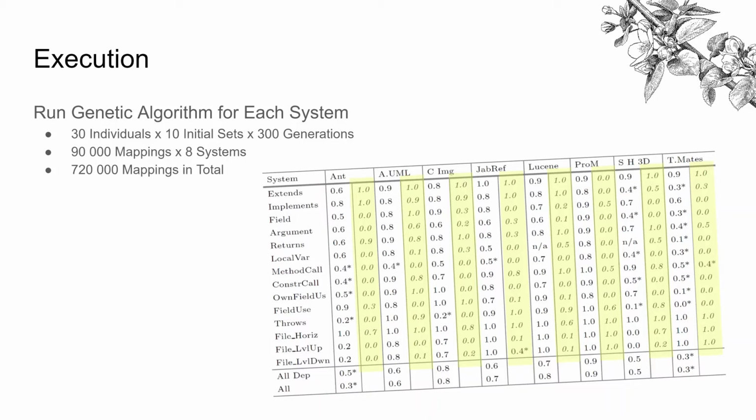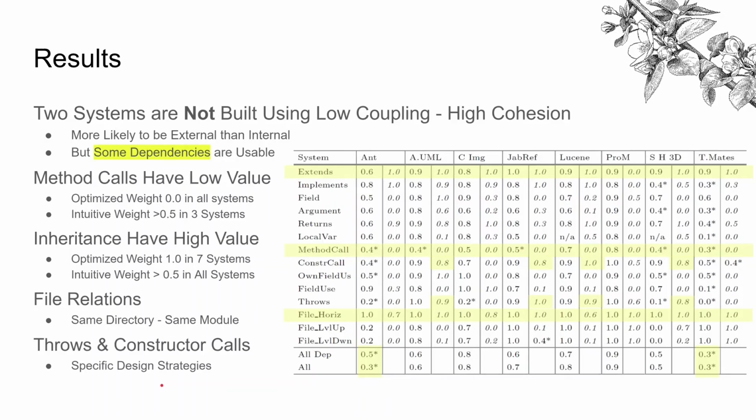So in this table you can see the optimized weights as highlighted in yellow and italics, and the internal coupling ratio computed. We can see that 2 of the systems are generally not built using the low coupling high cohesion principle. This is Ant and Teammates. Overall, the dependencies are not that cohesive.